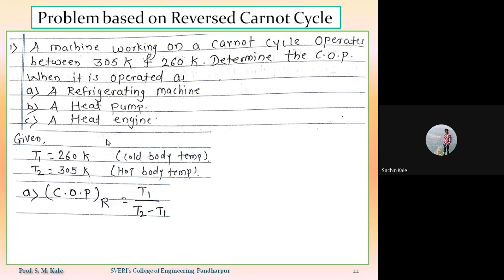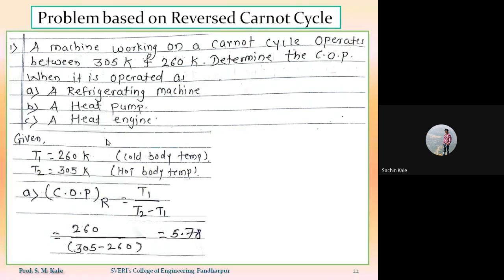Put the value of T1, 260 Kelvin, and the value of T2, 305 Kelvin. You will automatically get the value of COP of refrigerating machine, that is nothing but 5.78.